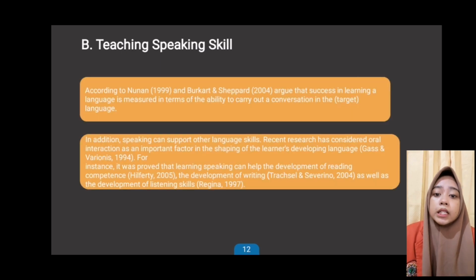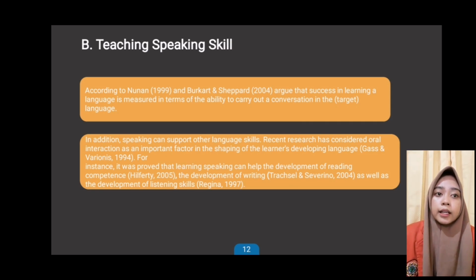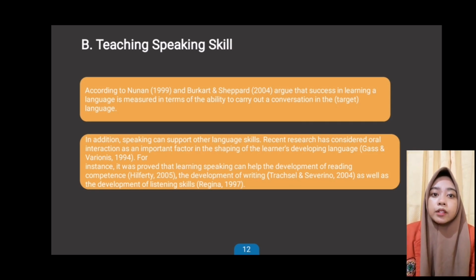Point B, teaching speaking skill. According to Noonan and Burkhardt and Shepard, success in learning a language is measured in terms of the ability to carry out a conversation in the target language. In addition, speaking can support other language skills.